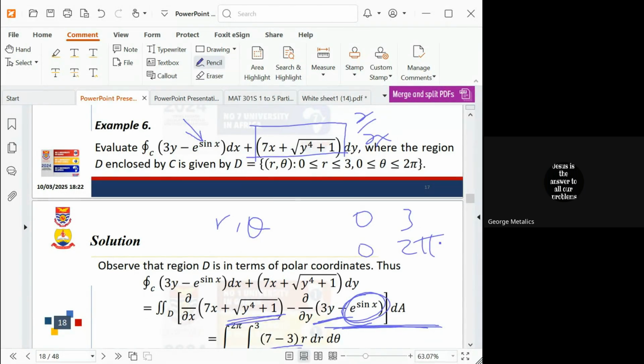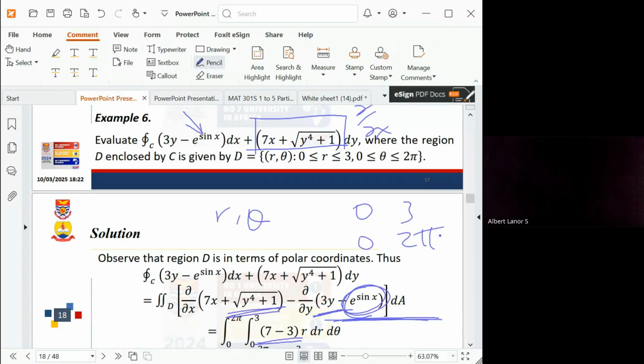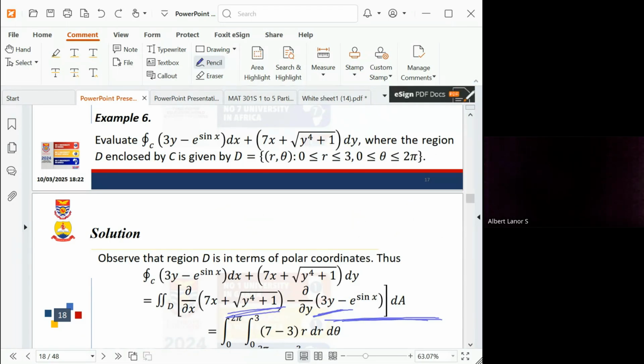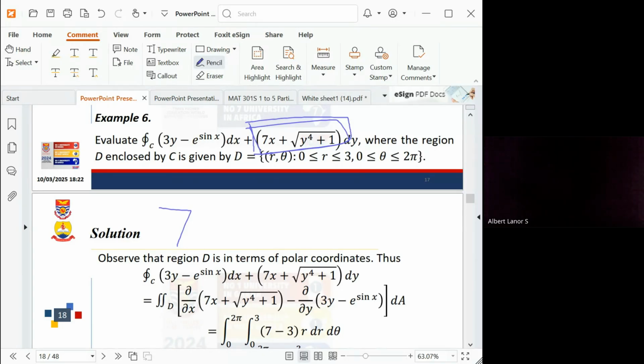All right. So using this very example to demonstrate it, we are going to differentiate this part here with respect to x first. Now, if you differentiate this thing with respect to x, you have 7. Can you hear me? Yes, Doc, please.